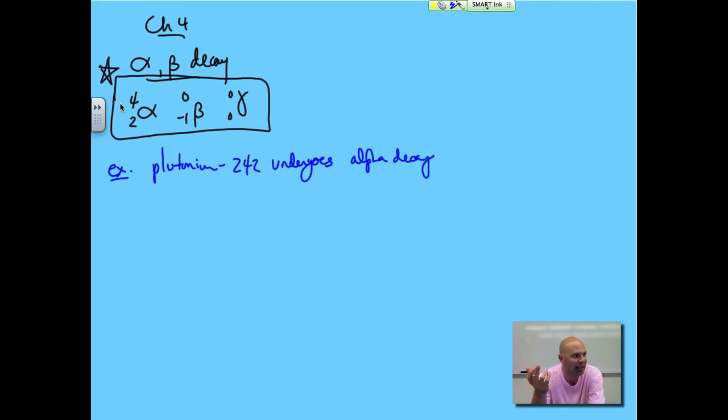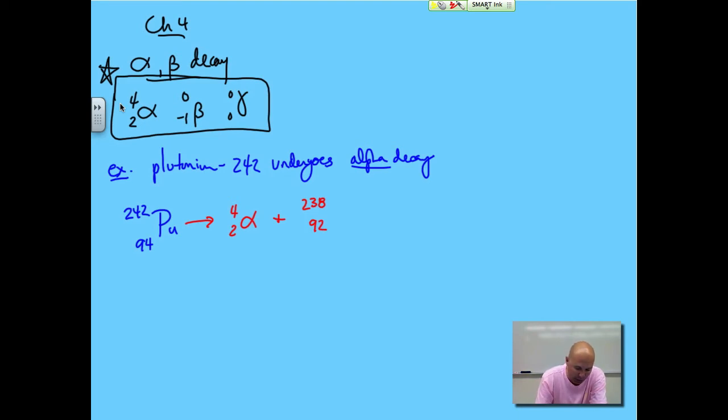Plutonium's number 94, so Pu 94. The 242 tells you the mass number, what isotope it is. We're going to go through alpha decay, so we break it down immediately. Alpha particle 4 and 2, and then 238, 92. How did I get those numbers?